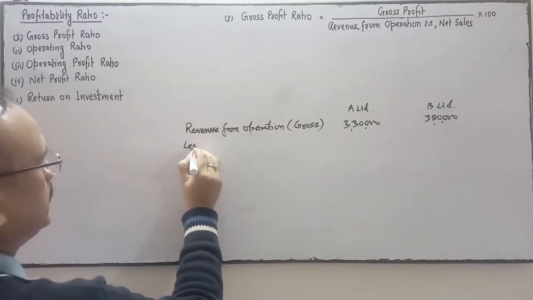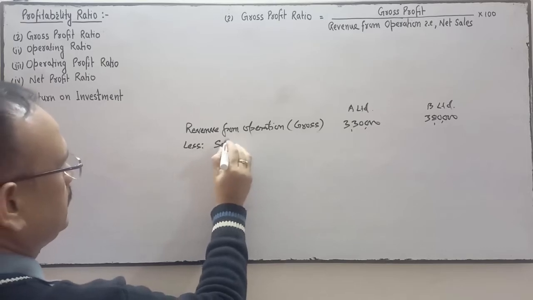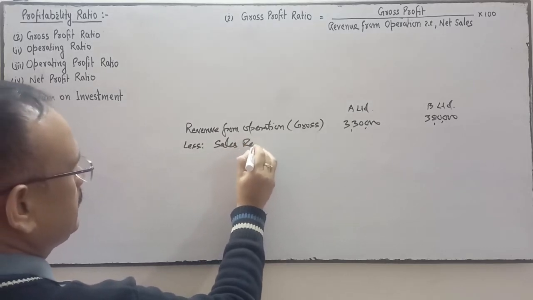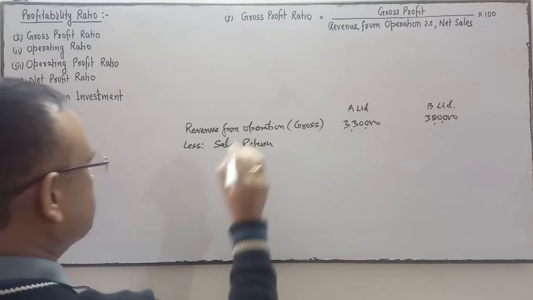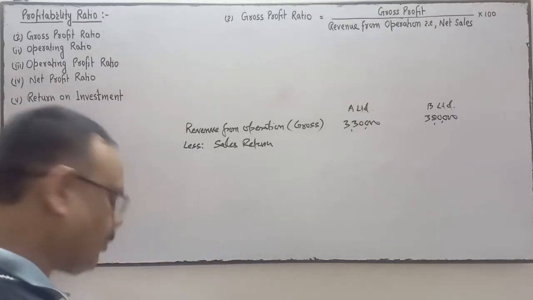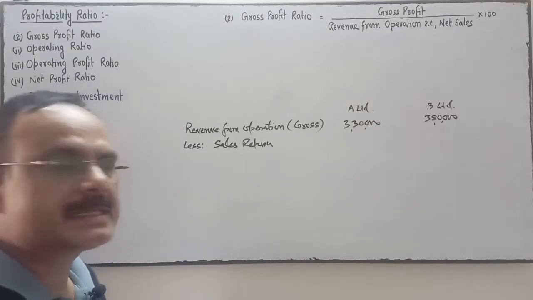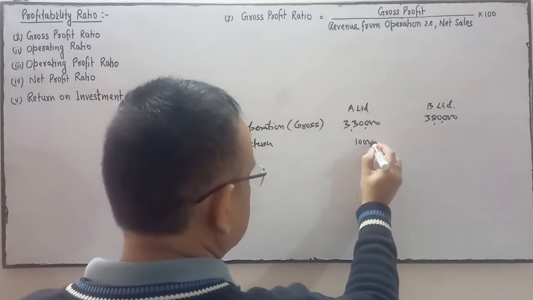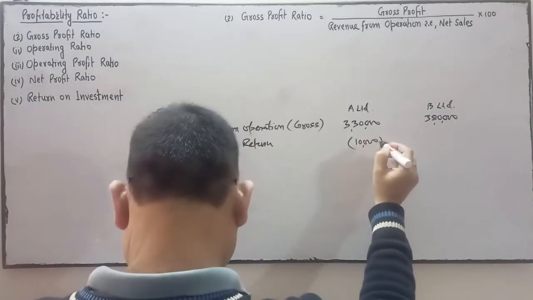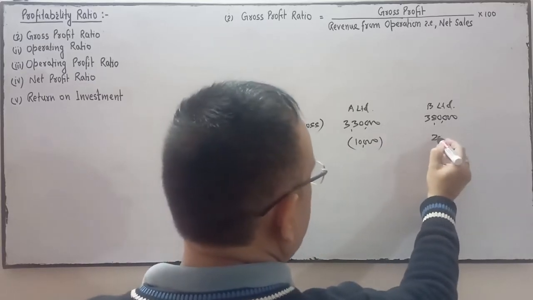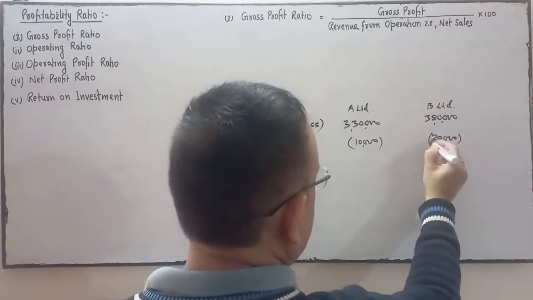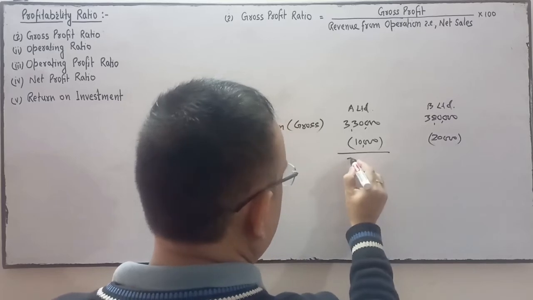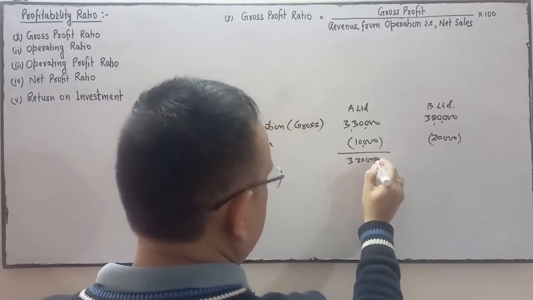You deduct the sales return. Revenue from operation return means sales return. Sales return is 10,000 for one company and 20,000 for the other.